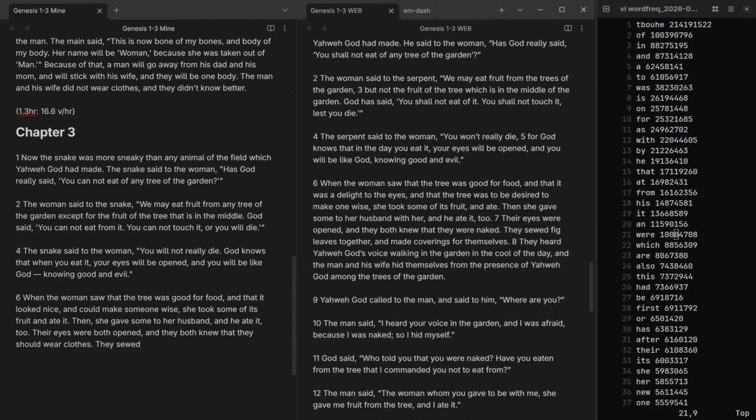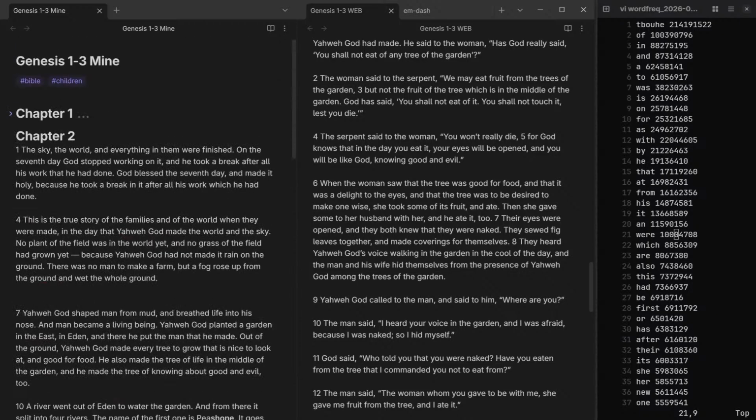Verse 7. The fig tree. Okay, well, fig leaves together. There was something I used instead of together. I changed things.